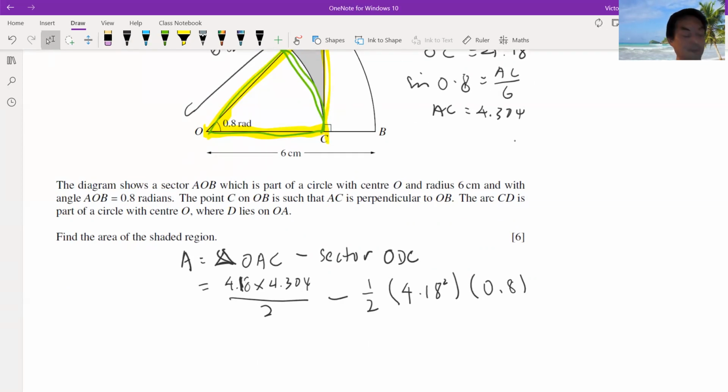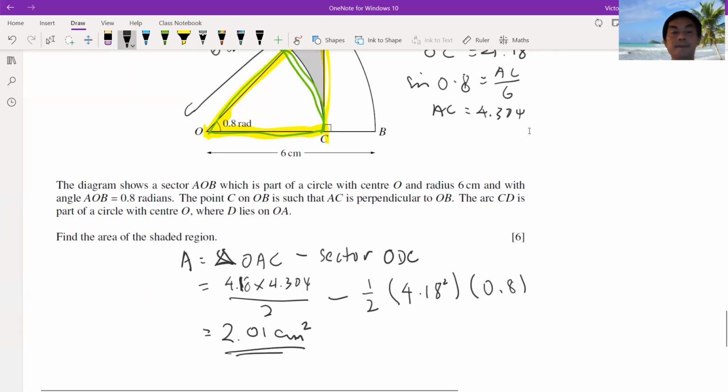It's okay if you put more decimal places. This is not the answer yet. Only when you have the answer do you round it to 3 significant figures. So the answer is 2.01 centimeters squared. That's it.